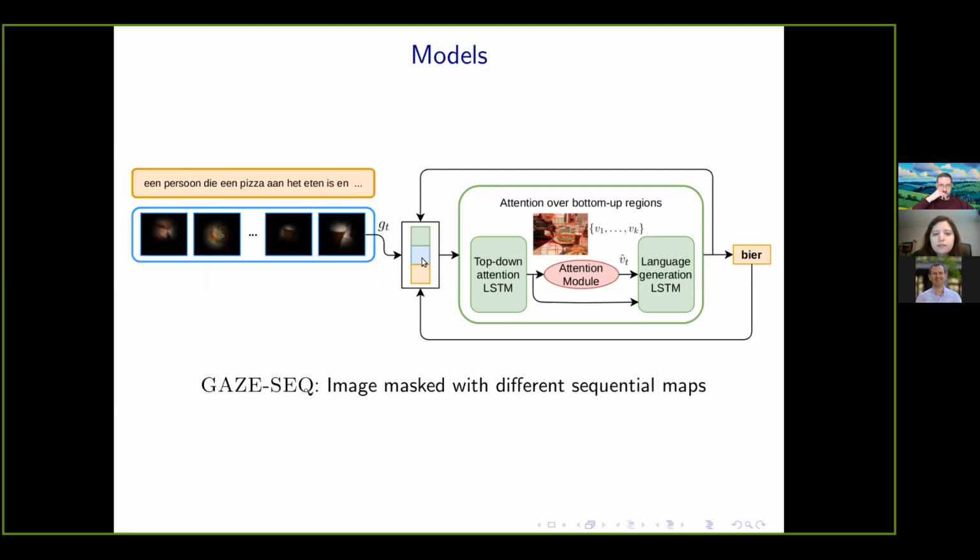But in the sequential model, at every time step, we give a different feature vector, because we have this speaker-specific and sequential input that now we can give to the model. As I was mentioning, there could be a more intricate alignment between the vision and the language modalities.